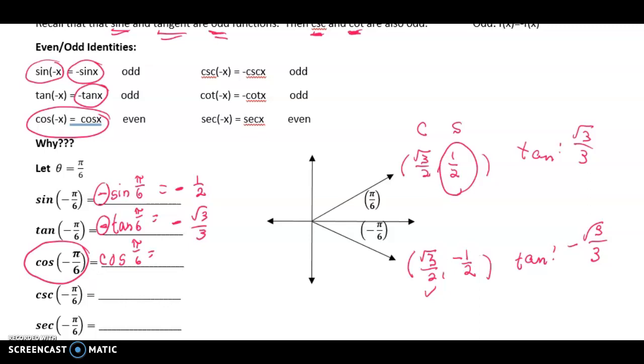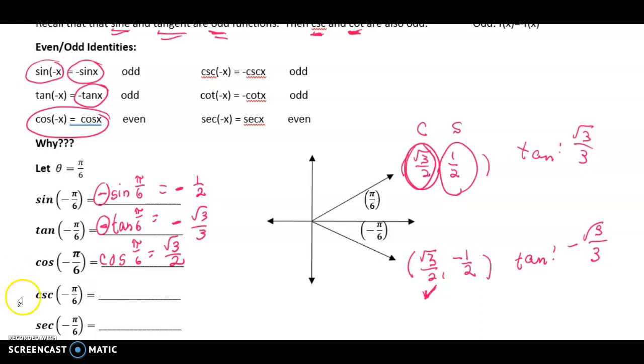So the cosine of positive pi over 6 is square root of 3 over 2. And all we did was get rid of the negative, and that is correct. Okay. All right, let's move on.